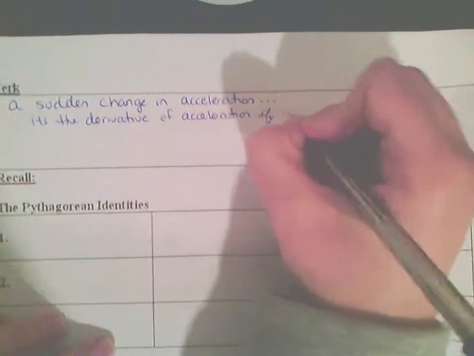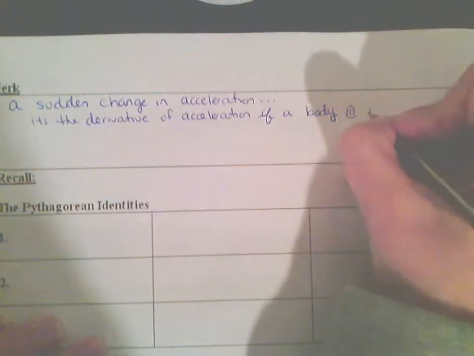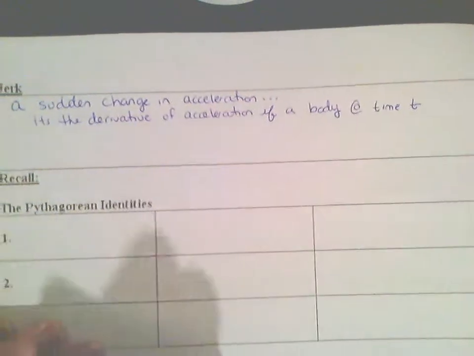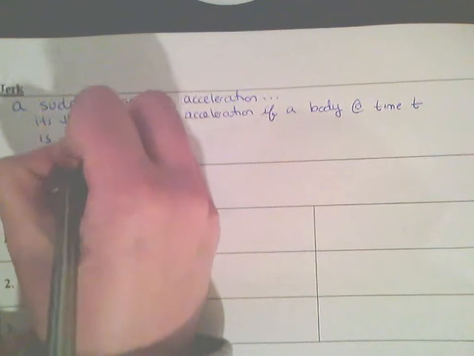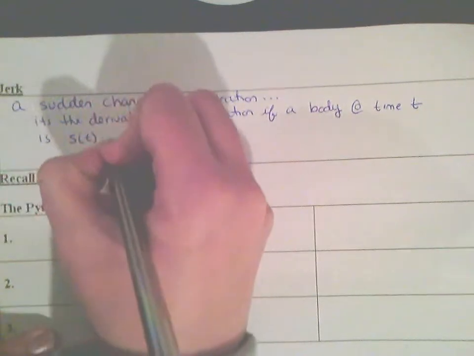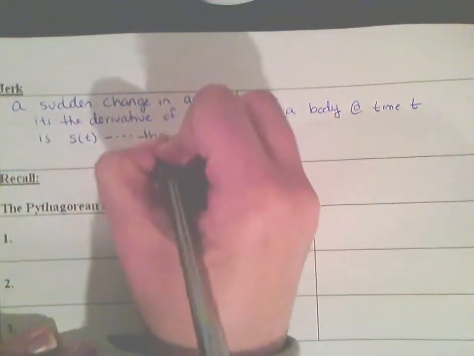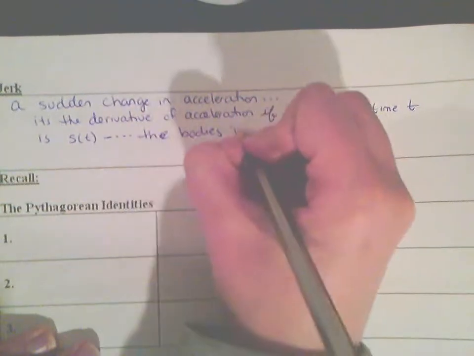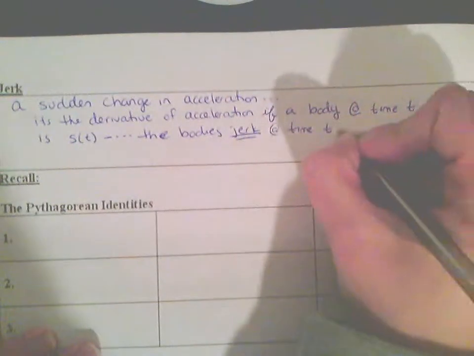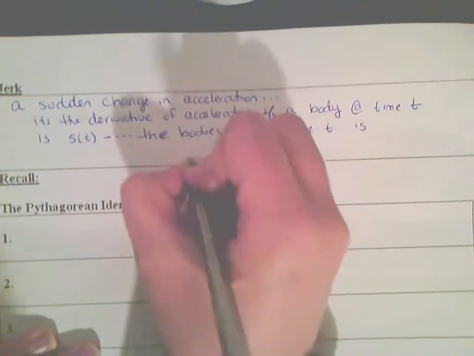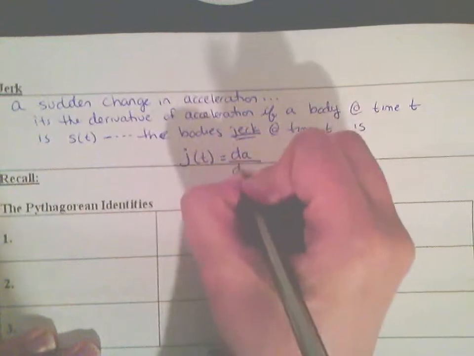If a body at time t is s of t, what that means is the body's jerk at time t is j of t equals the derivative of acceleration.